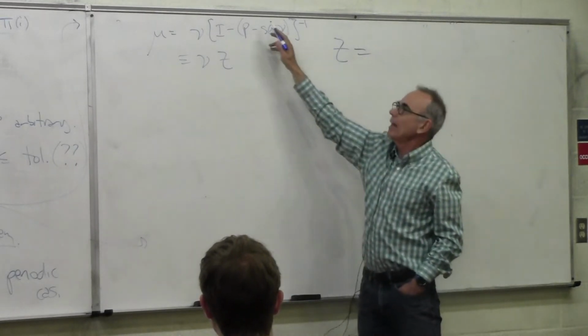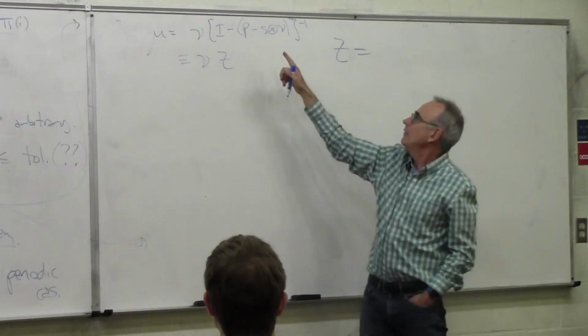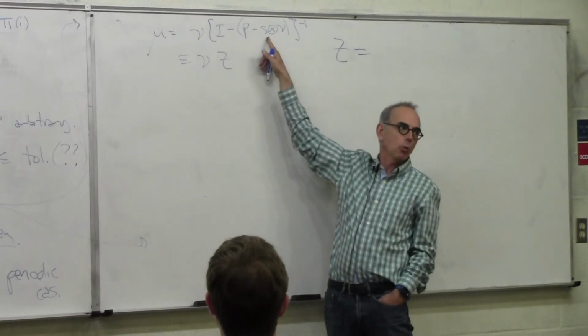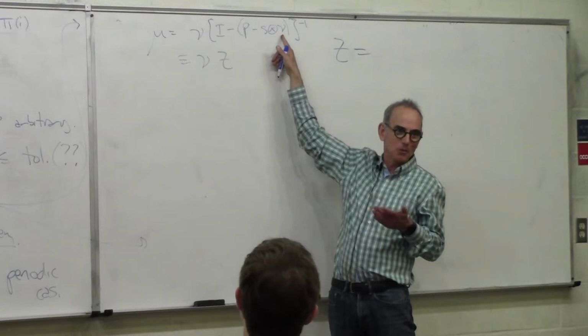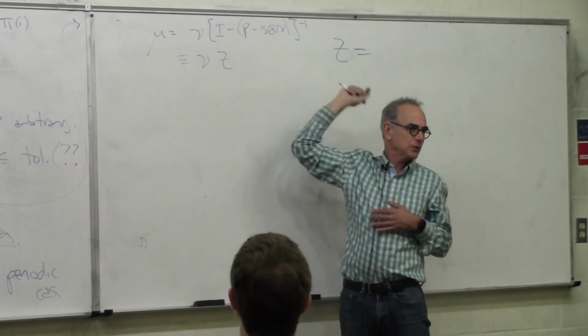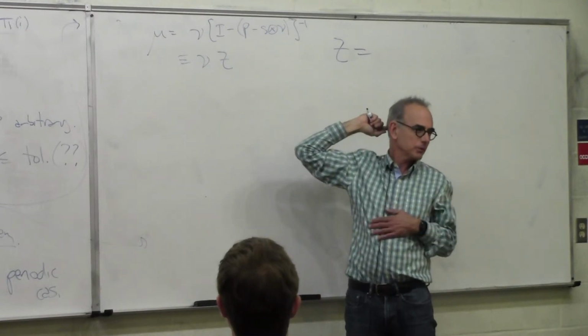So remember, this is like my P tilde. If I had chosen s to be a function with all ones, this was a power series. It's still a power series.